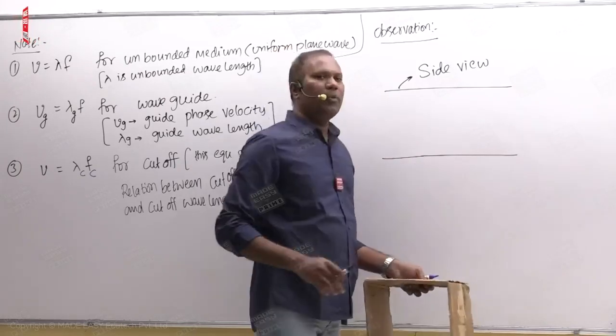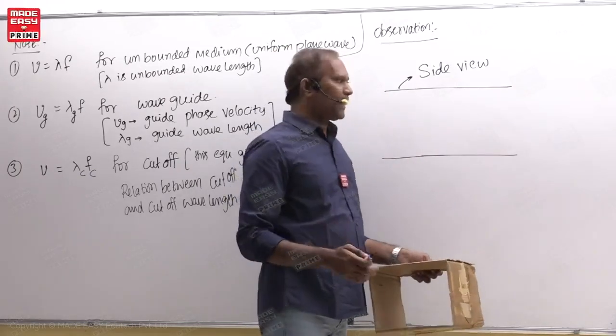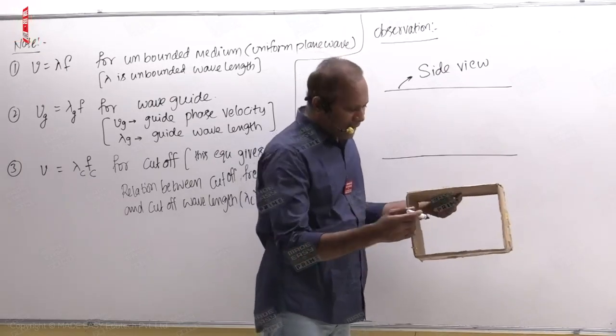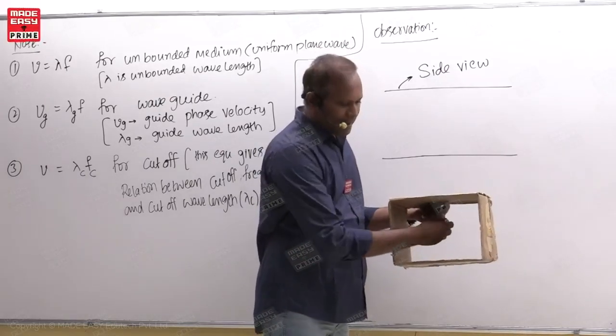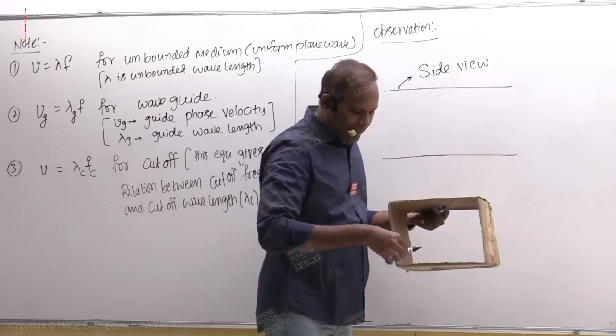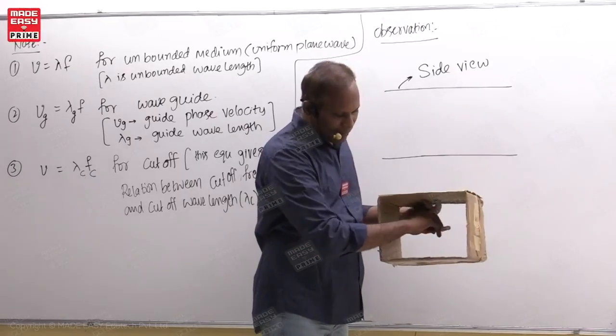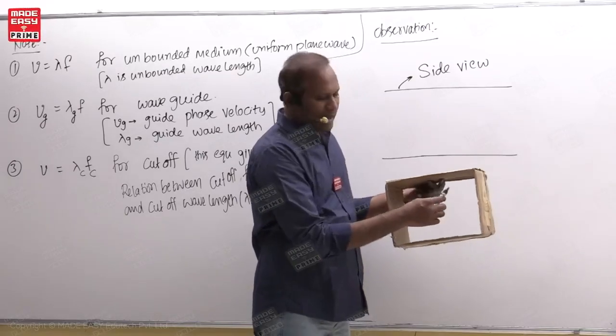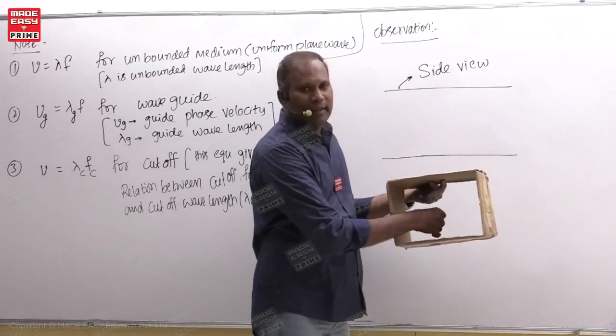So you can see the top view. Any view you see, it doesn't matter. Because students, what I am telling you now is that some EM waves enter along the waveguide axis. Some EM waves enter like this, then they hit the side boundary and they go like this. Some EM waves hit this top boundary, then they go like this. Doesn't matter.